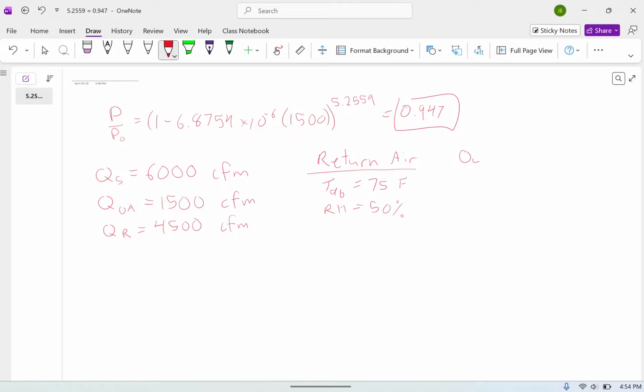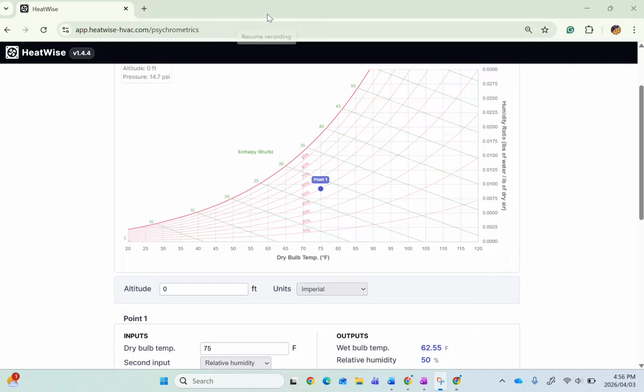And for our outdoor air, we will assume standard air conditions at some made-up location. So we'll just say, for this example, we have outdoor air dry bulb temperature at 87 Fahrenheit and a wet bulb temperature of 73 Fahrenheit. With these values, we can determine the entire psychrometric states of our return air and outdoor air.